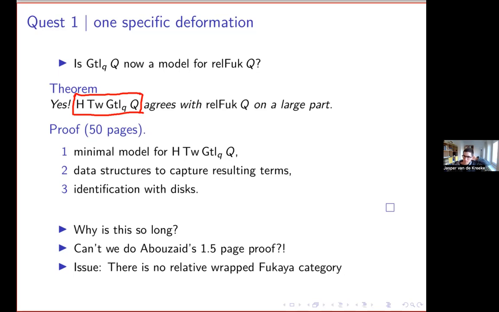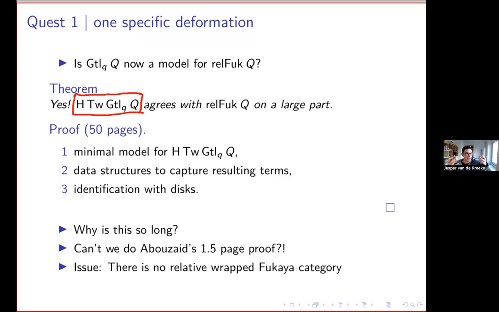And yeah, after computing the minimal model, or after setting up all this, I constructed lots of data structures to capture all the resulting terms. There's a huge amount of possible products that come from this derived category.